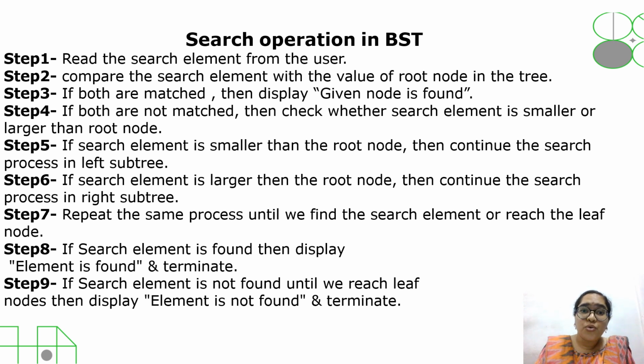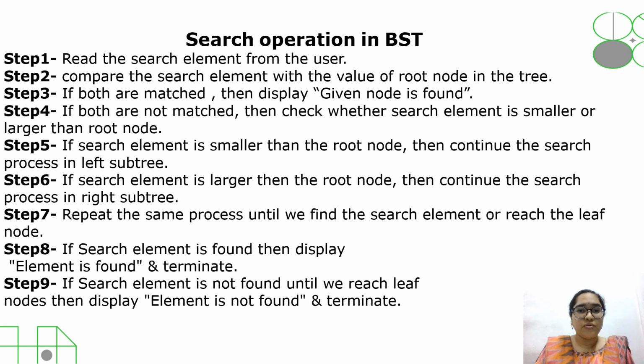But when the root node and the search element are not the same, then we check whether the given search element is smaller or greater than the root node. If it is smaller, then we go to the left node, which means the left subtree, and we compare the search element with the left subtree element. If both are the same, then we return that the given node is found.